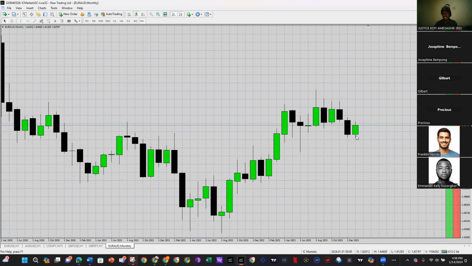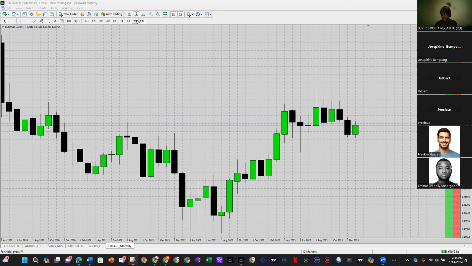What happened here is that the sellers that were selling took profit, so the buyers are winning. So they will re-enter at a point in the month. And this big green candle will gradually change to be like this at the end of the month. That's what I'm thinking.